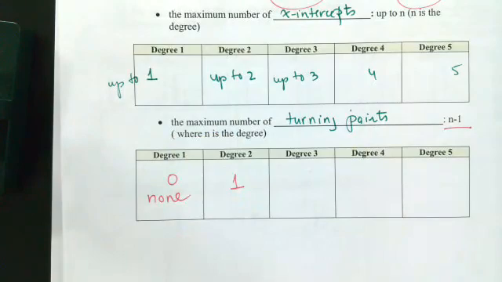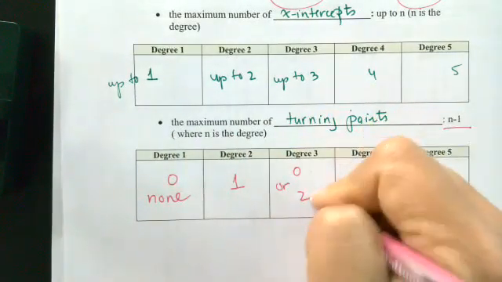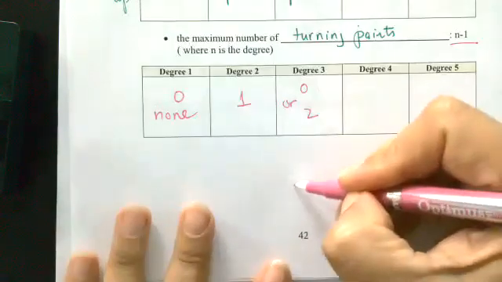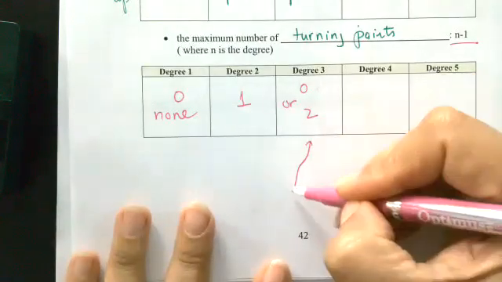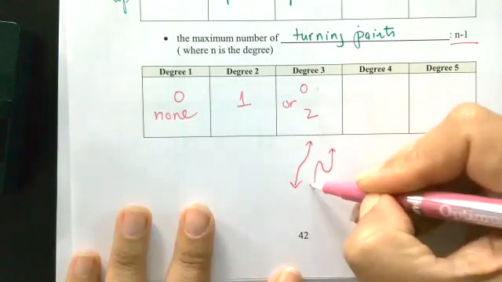Degree 3, it's going to have either 0 or 2. It cannot have 1, because if it only has 1, it doesn't come back up to make the shape that it is supposed to be. So either none, something like this for a snake, like that, or 2, like that.